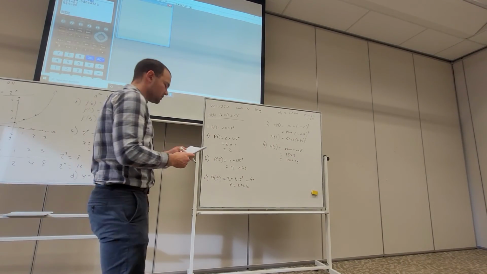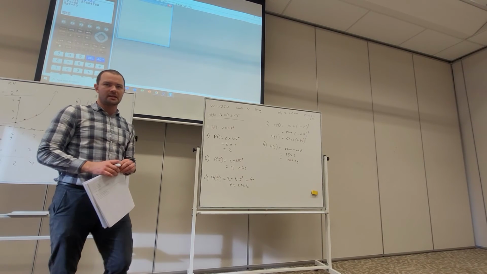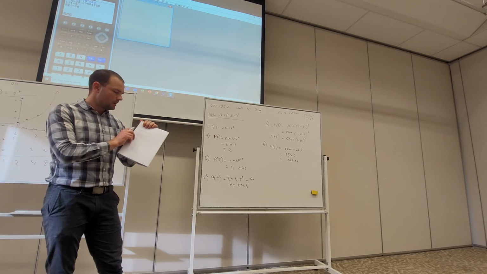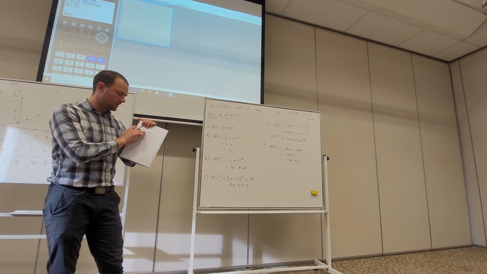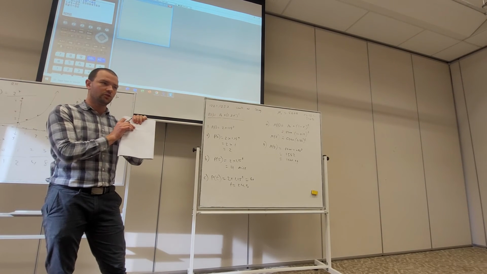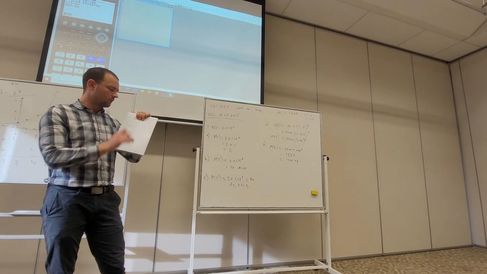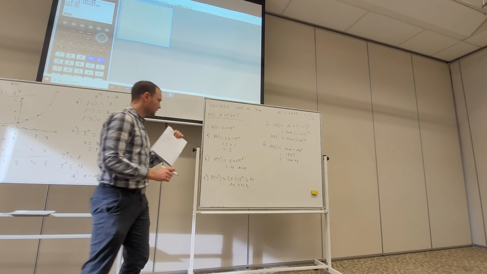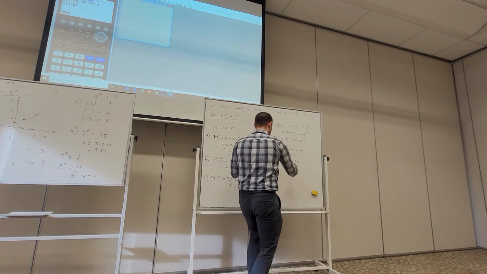What is the percentage decrease after 9 years? How much has it gone down by? I've got a formula there for percentage increase or decrease: you take the new amount, take away the old amount, divided by the old amount. Our new amount is 1,580.